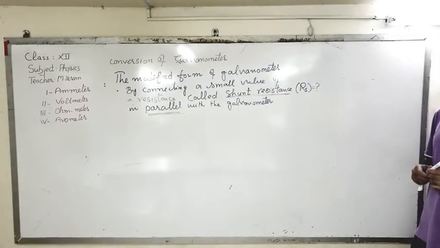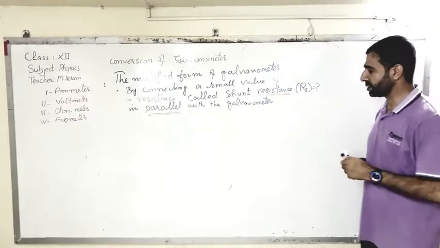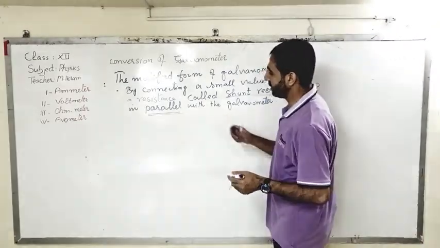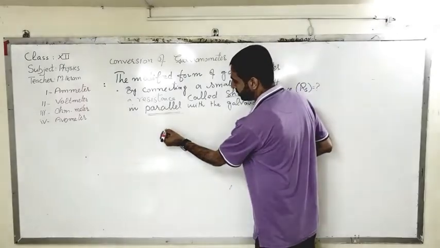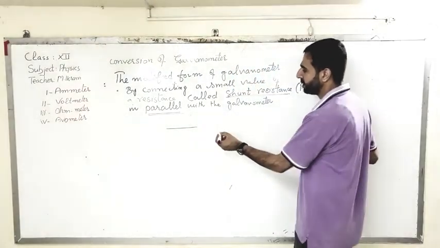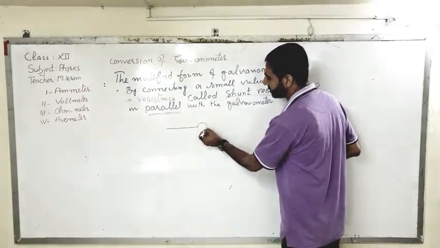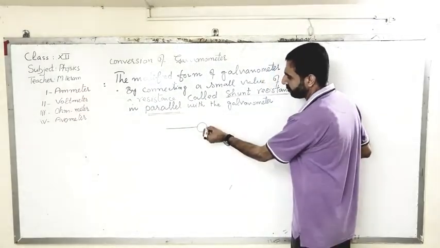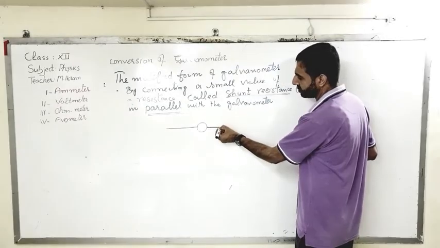So in order to convert the galvanometer into the ammeter, as I told you, we will connect a resistance called the shunt resistance in parallel with the galvanometer, as you see.